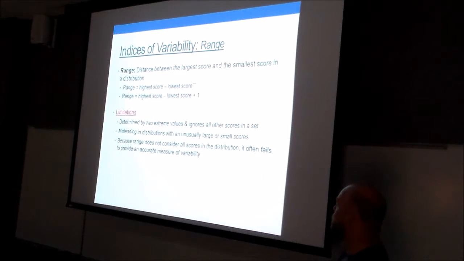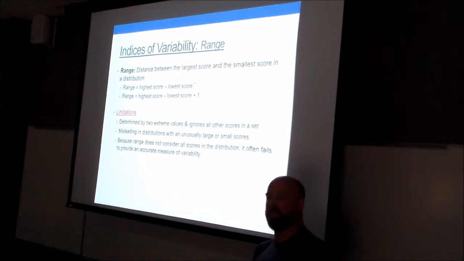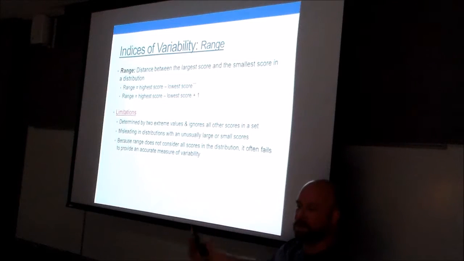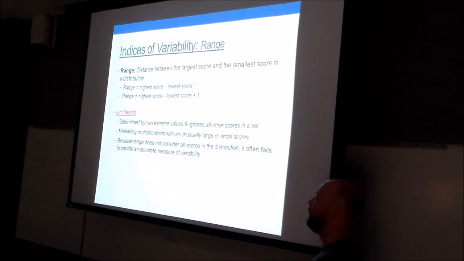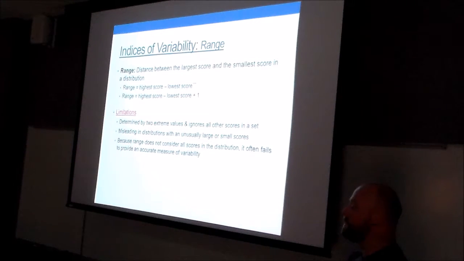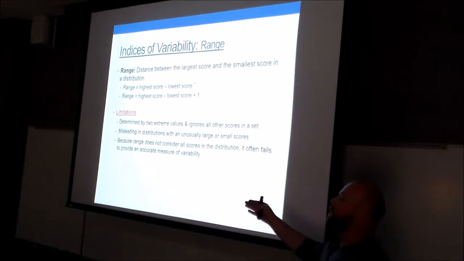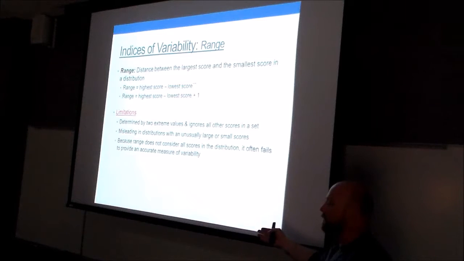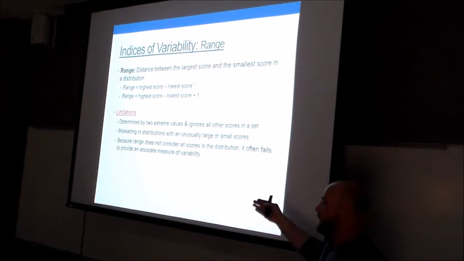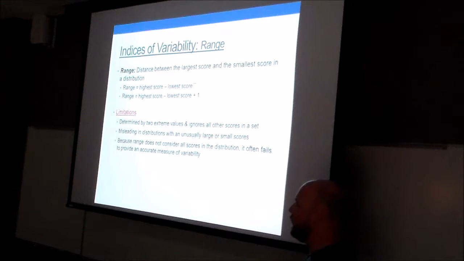Okay. So range is nice, and I like when people provide range because it tells you what the highest score and the lowest score is. For psychopathology and clinical work, this is nice because it lets me know how extreme the people in your sample are.